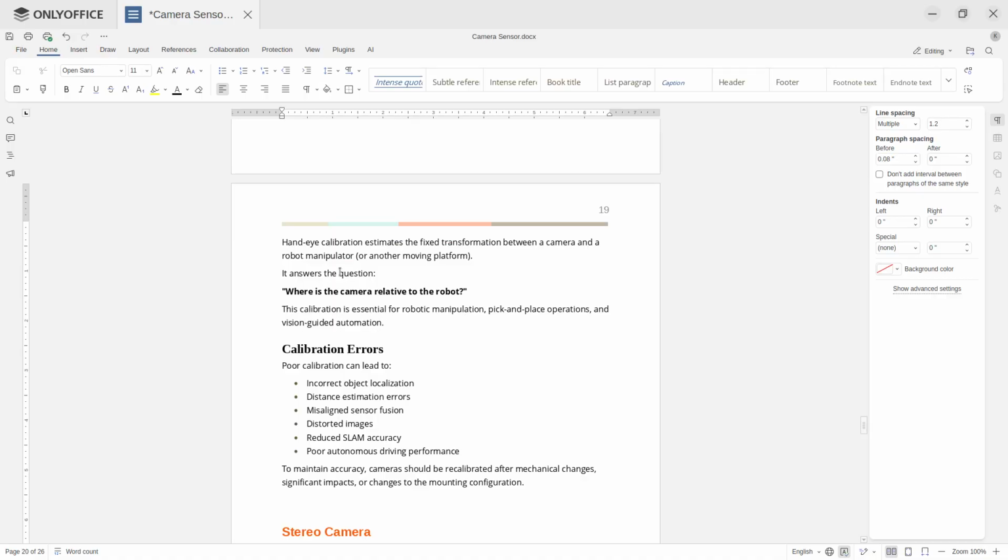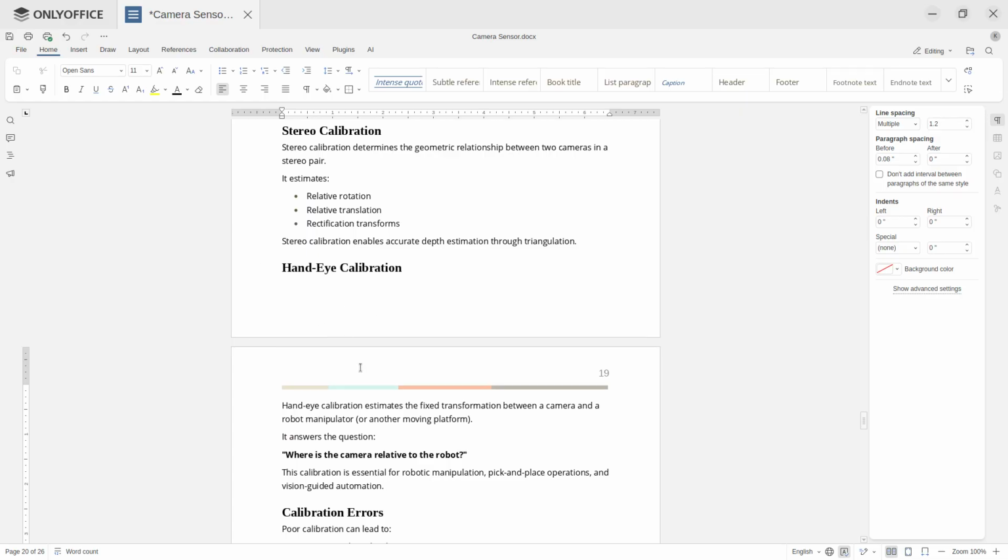Why is this important? Because sometimes the camera and the hand, just like in a human body, the hand and the eyes are at a distance, right? So if suppose there is an obstacle, the distance of the obstacle from the hand is not the same as the distance of the obstacle from the eye, right?